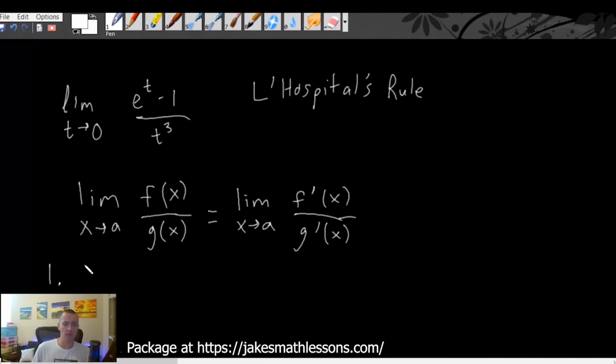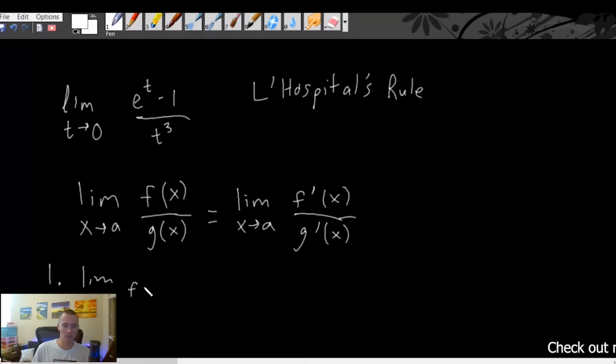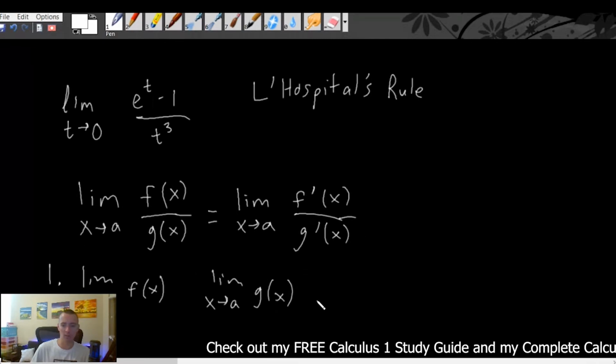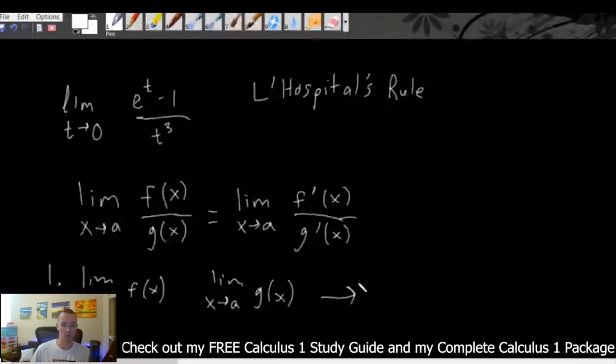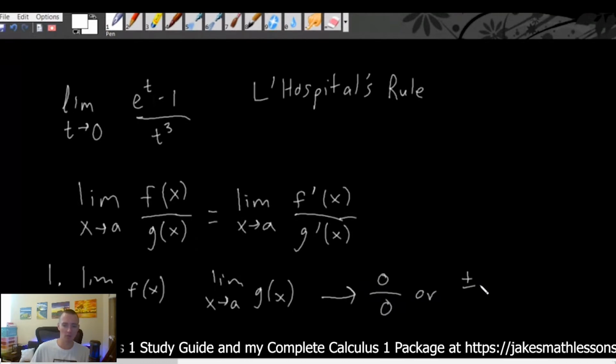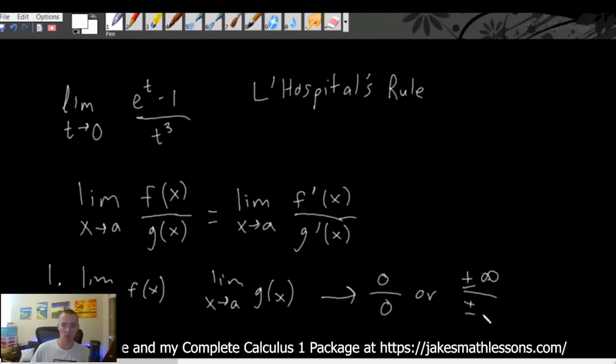The first condition is that we need to make sure that we're getting an indeterminate form by solving this limit. Basically, if you think of each of these limits separately, the limit as x goes to a of f of x, or the limit as x goes to a of g of x, evaluating them gives us something in an indeterminate form, which means we would get 0 over 0, or positive or negative infinity over positive or negative infinity.